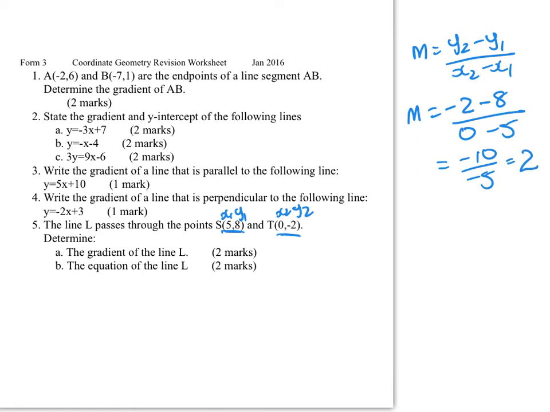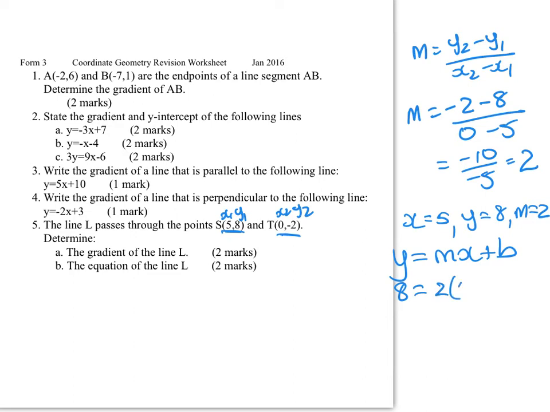Now that the gradient is 2, we choose any of the points. We could use the first point, where x is equal to 5, y is equal to 8, and m is equal to 2, because we just worked that out. We substitute that into y equals mx plus b. We get 8 is equal to 2 by 5 plus b, so 8 is equal to 10 plus b.